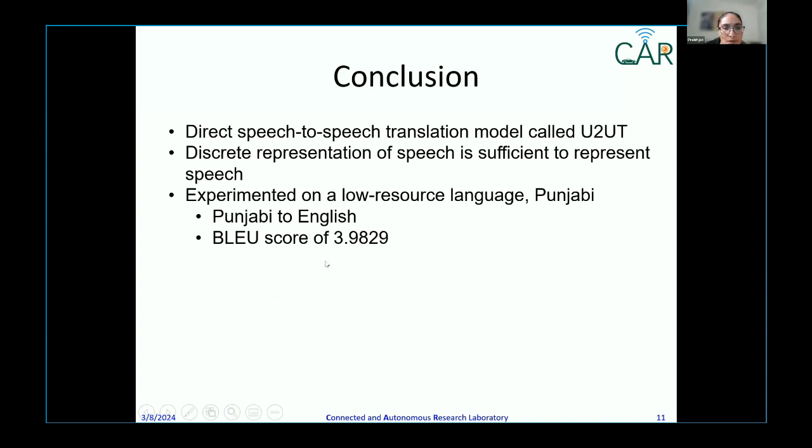The BLEU score was 3.9829. Again, it's not great when we compare it to some high-resource languages, let's say Spanish to English or French to English. So this is not a good BLEU score, but it is better than using speech-to-unit translation. I believe that is all I have, so thank you.